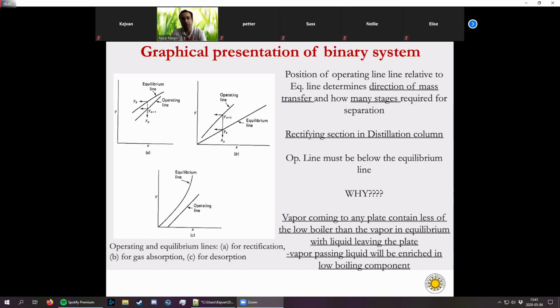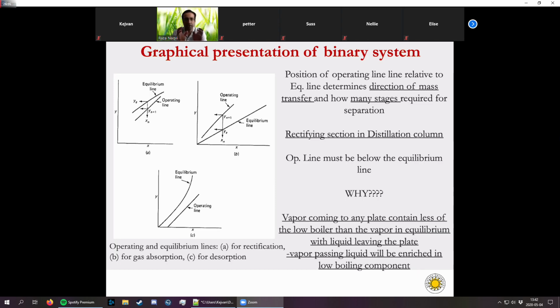You might have noticed when you are doing calculations for gas absorption, or when you are trying to find the number of stages, height of transfer units, or number of transfer units, that the operating line is above the equilibrium line. But in distillation, the operating line is below the equilibrium curve. Have you thought about that? What is the reason why the operating line is always above the equilibrium line in gas absorption, and always below the equilibrium curve in distillation?